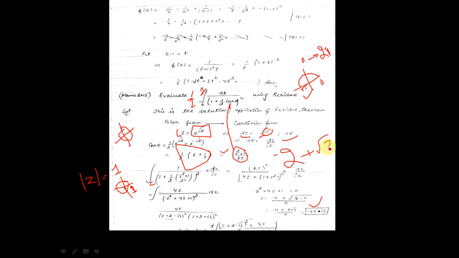The pole minus 2 minus root 3 does not lie inside the circle, hence it will not contribute its residue. So we will be calculating the residue at minus 2 plus root 3.